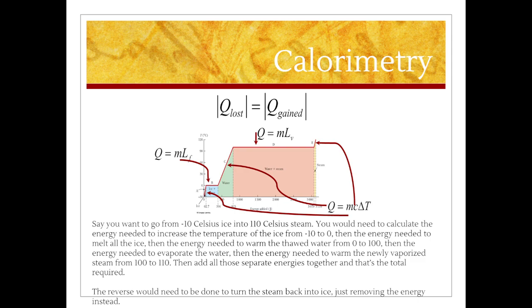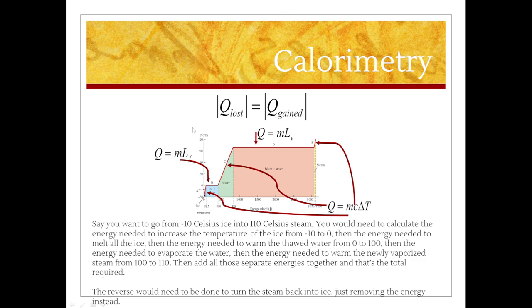Because in order to do the phase change in the first place, if the ice was colder than freezing to start with, you had to add energy to get it to freezing. But once it begins melting, all the thermal energy you add after that point just goes into the melting process. That's what this formula is. Q equals mL is the melting process.